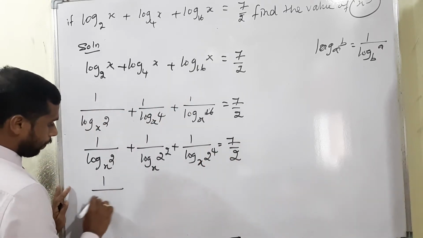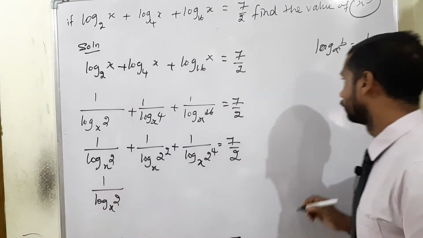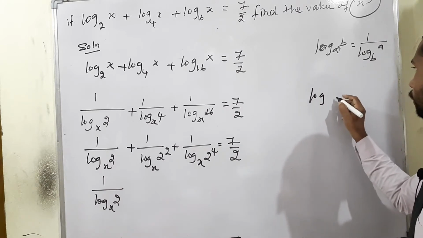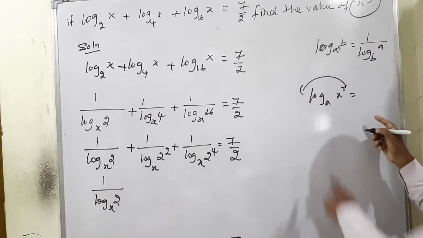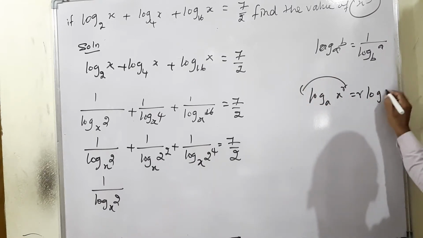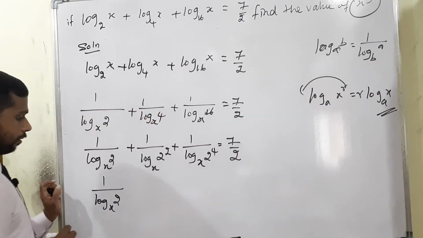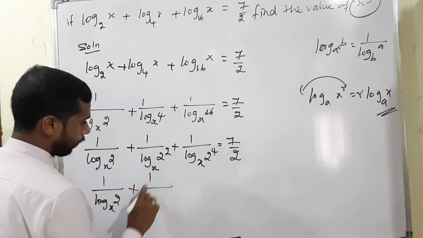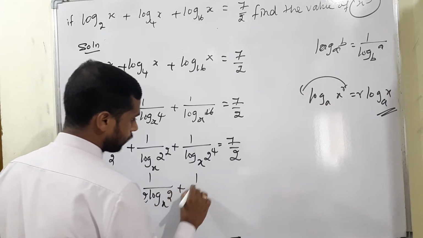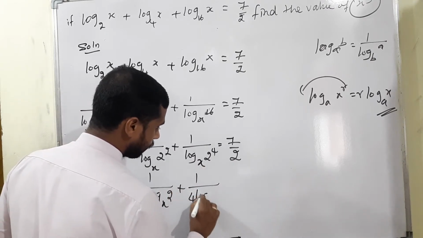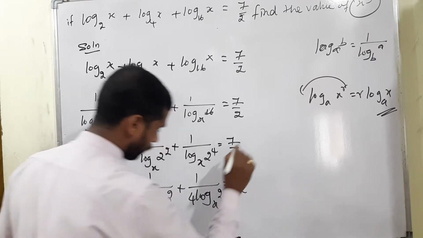So now 1 by log 2 base x, and by the power rule, the power of the base we can write in front. Now 1 by log 2 base x, plus 1 by 2 log 2 base x, plus 1 by 4 log 2 base x is equal to 7 by 2.